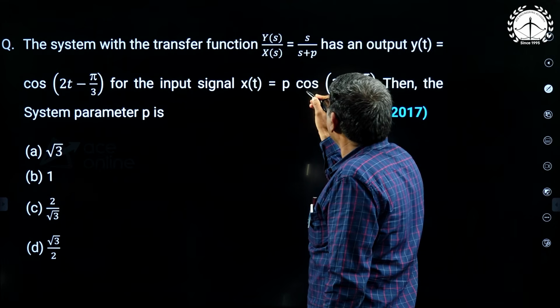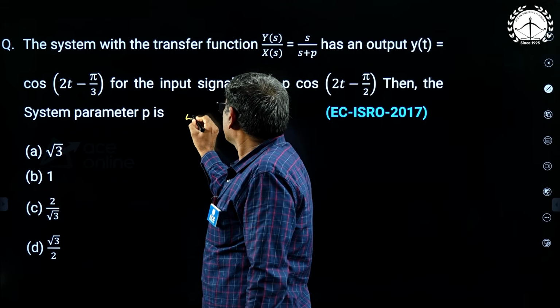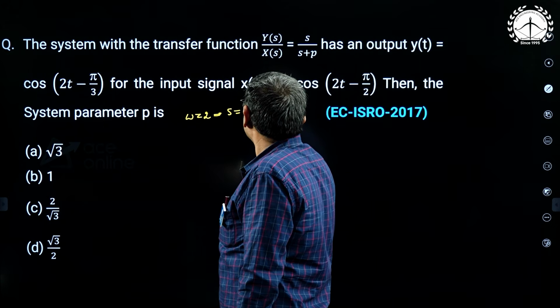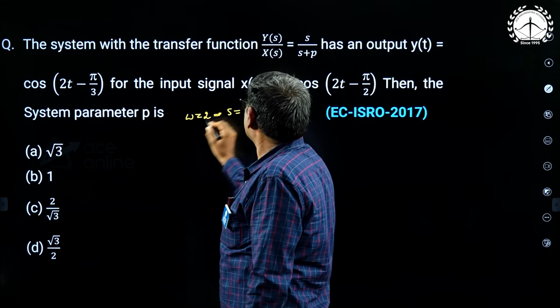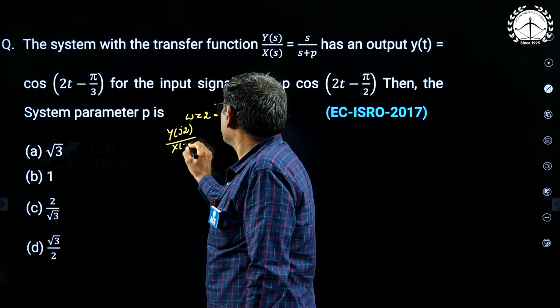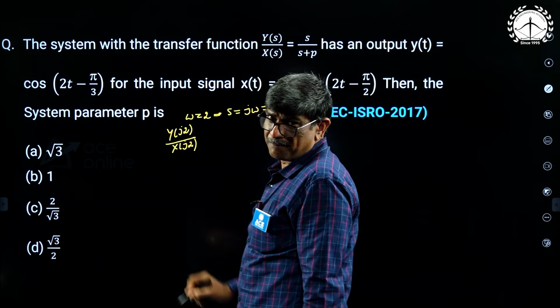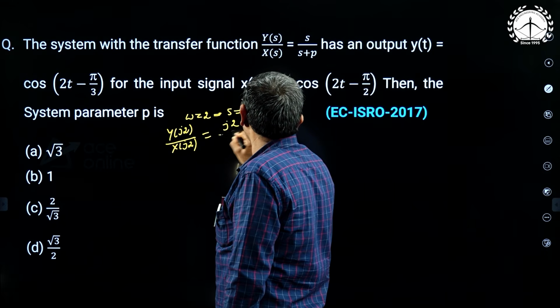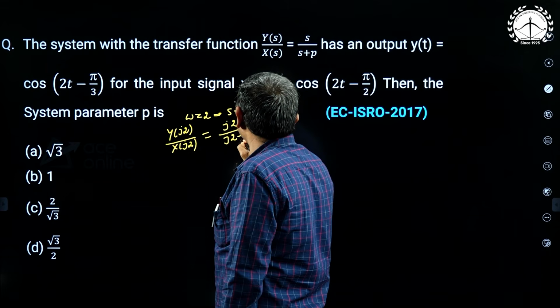Here, omega is given as 2. S is replaced by j omega, so that means j2. So Y of j2 by X of j2: write the magnitude and phase and compare, and you will get the answer. That means j2 divided by j2 plus p.